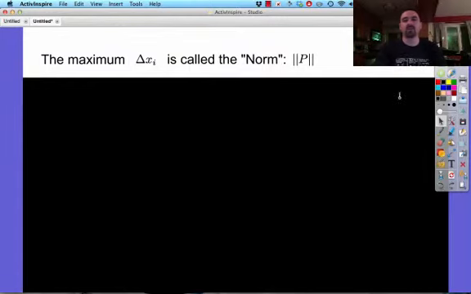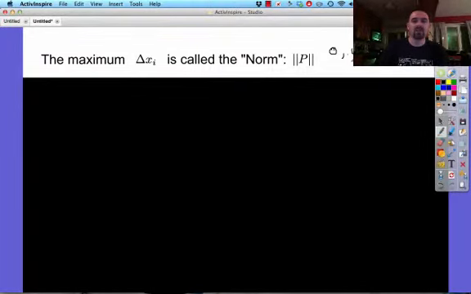So if I chop up the interval from 0 to 1, let's say I go 0, and the next number is 0.1, the next number is 0.5, and the next number is 0.62, and then it goes to 1, okay. Then the biggest difference is going to be between 0.1 and 0.5, that's a distance of 0.4, right? So delta 1 would be 0.1, delta 2 would be 0.4, delta 3 would be 0.12, right, and so on.